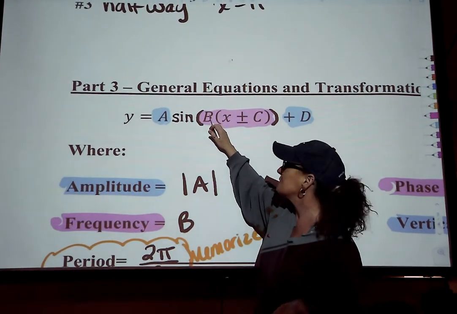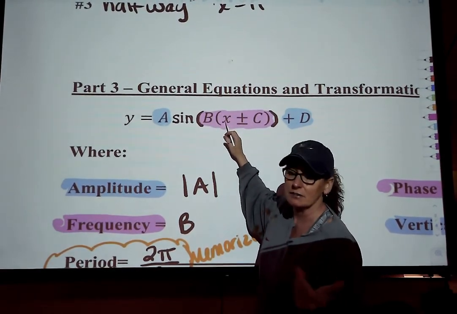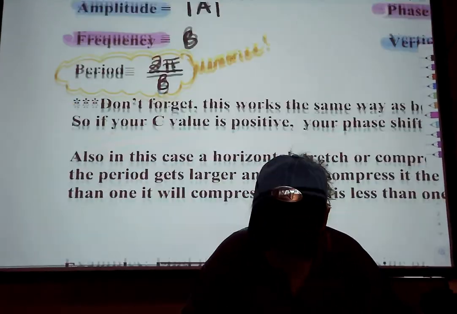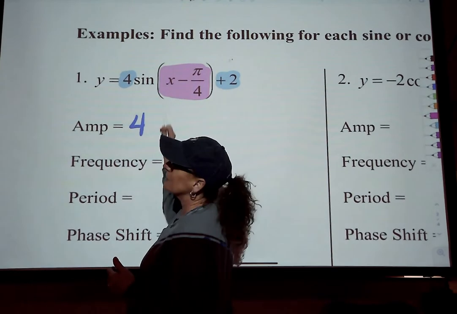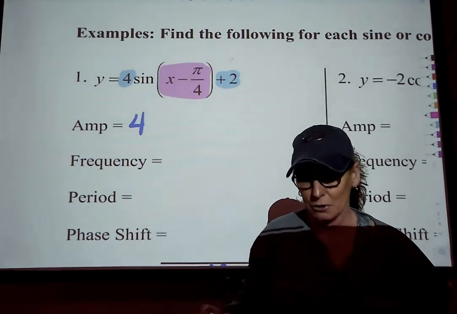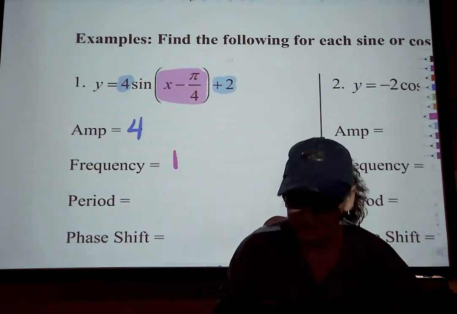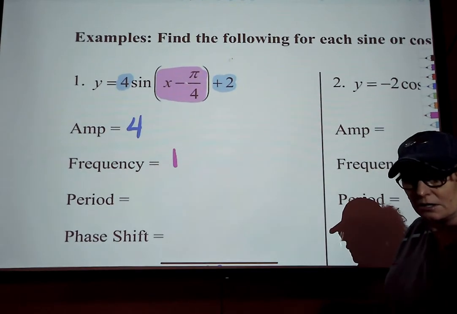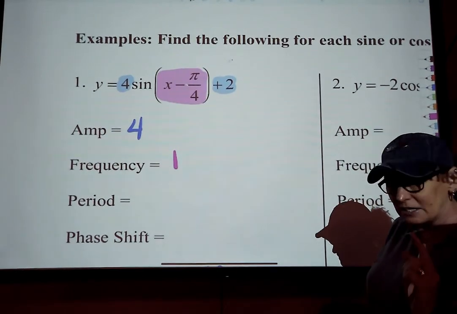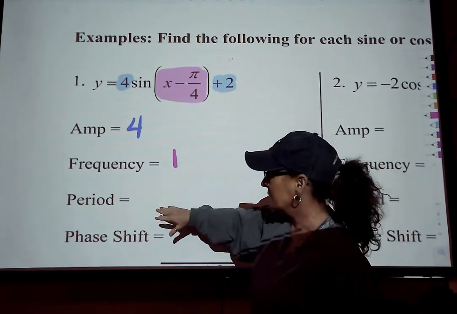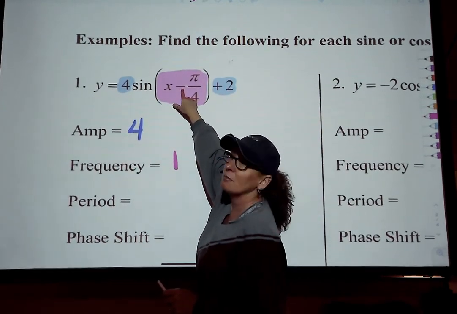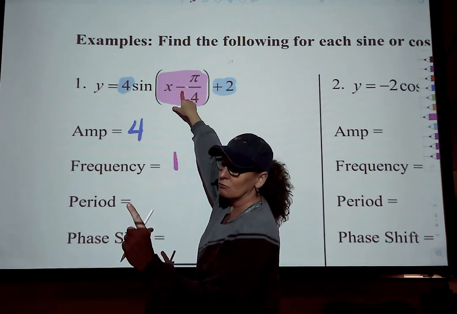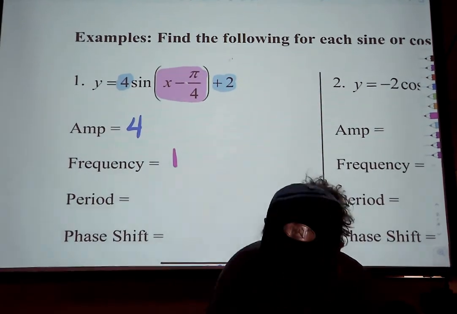If I distributed it in, it would still be in front of the X. So, what number do I see in front of the X? Well, I don't. Therefore, the number is a 1. Frequency is 1. Skip the period for just a minute. Let's do the other easy part. Phase shift is going to be opposite from what you would think. Right, pi over 4.